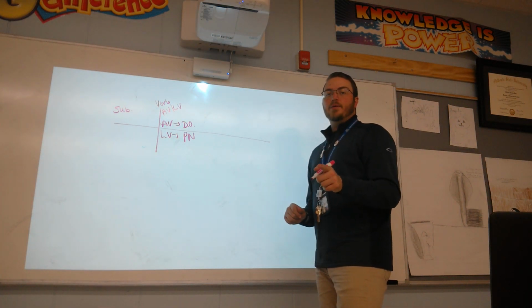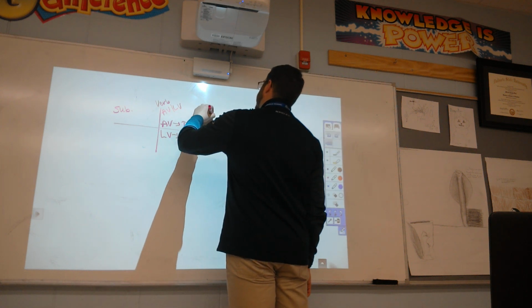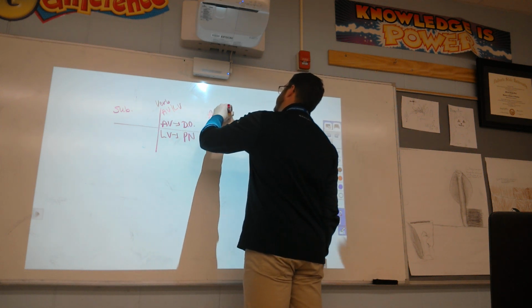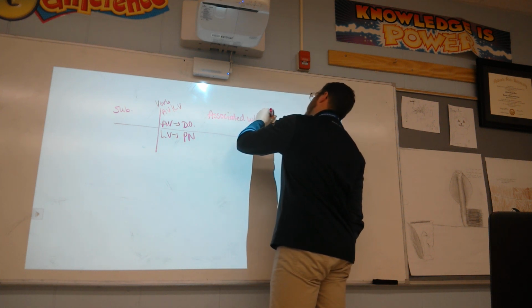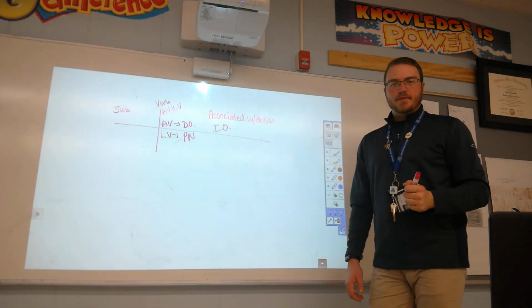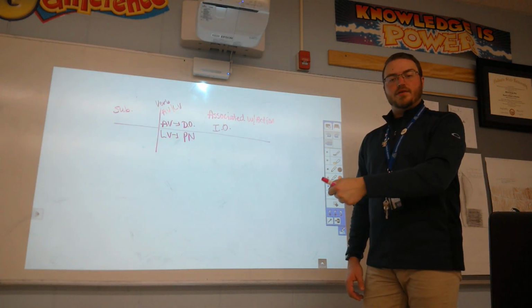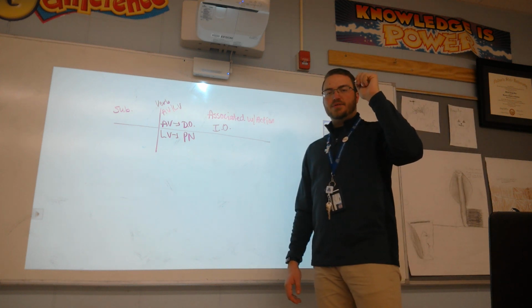But something might happen with the direct object. Now, if you have something that's associated with the action, associated with what's going on, we call that an indirect object. It goes alongside the direct object. So, Mr. King is our subject.